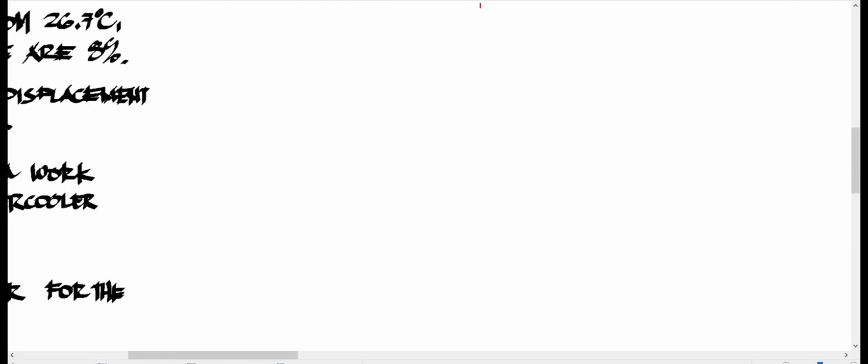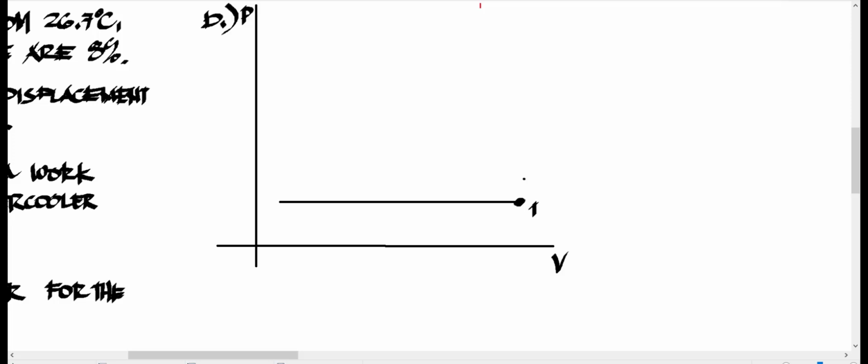Now reading the letter B, using the same data, find the minimum ideal work for two-stage compression when the intercooler cools the air to initial temperature. Okay, so find the minimum ideal work. Let's try to initially draw our PV diagram here. So we have here at point 1, I'm going to write here, this is our P1 at this point.